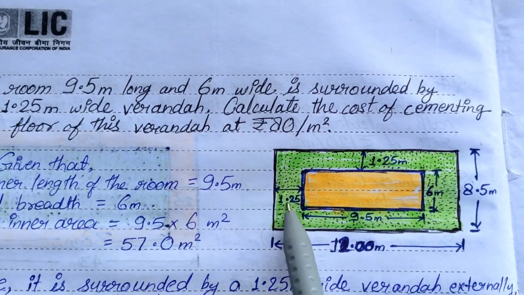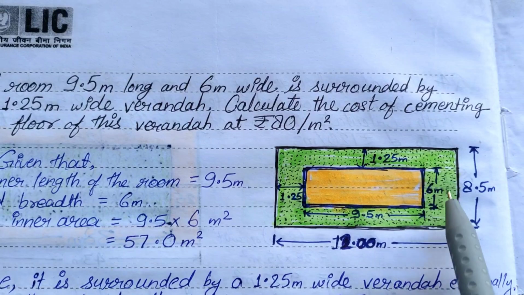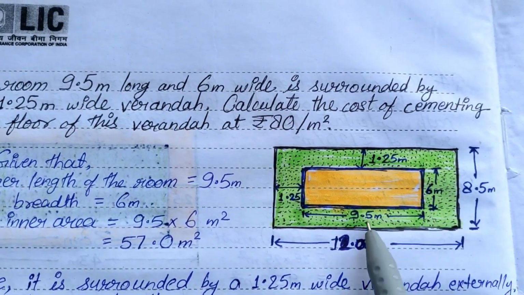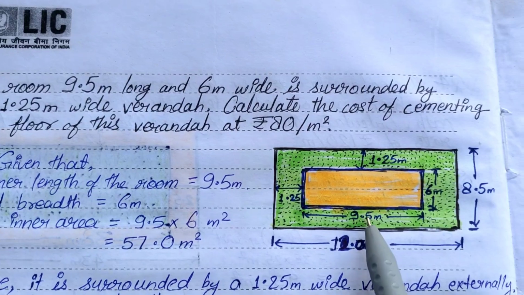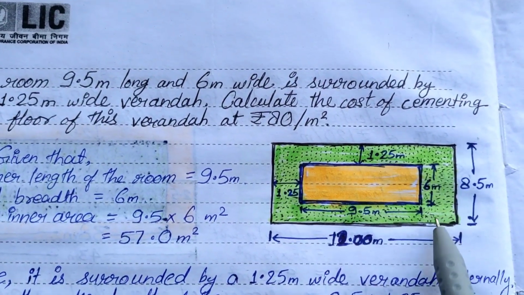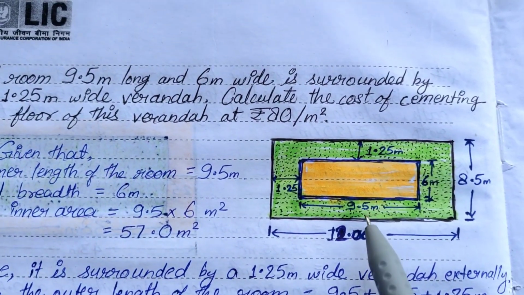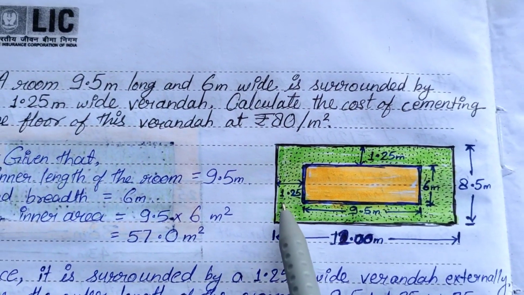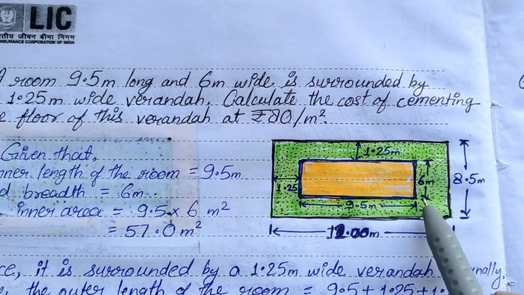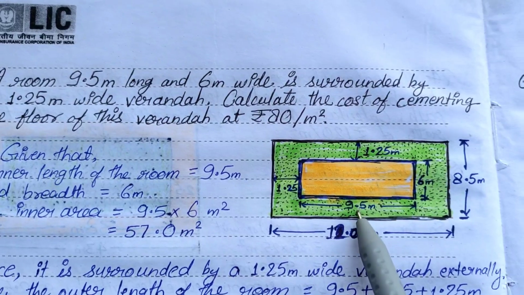add 1.25 meter on this side, right side, 1.25 meter to the inner length. To find the outer length of the figure, we have to add 1.25 meter on the left side and 1.25 meter on the right side to the inner length.